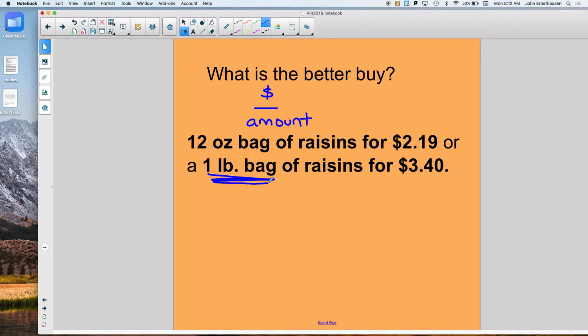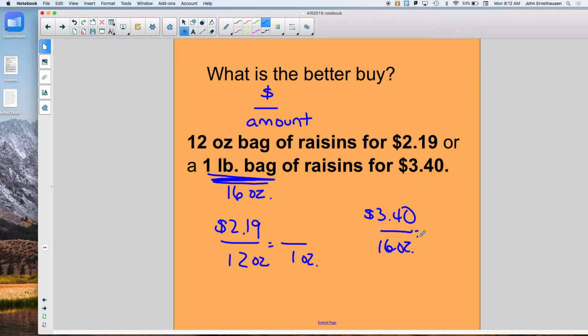How many ounces in a pound? 16. Okay, now we're talking apples to apples. So we're going to have $2.19 over 12 ounces. We're going to make that price over amount so we can figure out how much 1 ounce is. And we're going to have $3.40 over 16 ounces. And we're going to do the same thing, price over amount. You're going to have to round. Take your time.